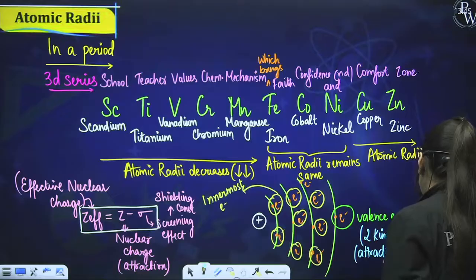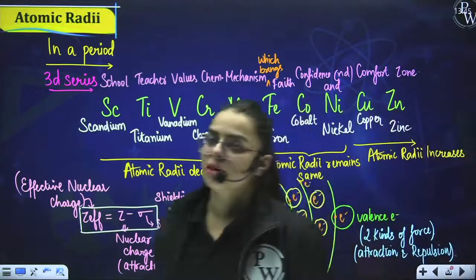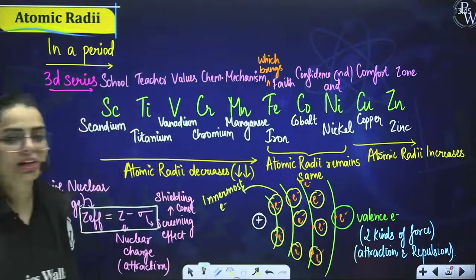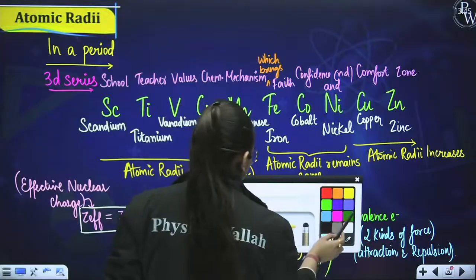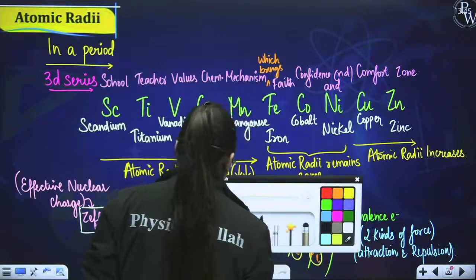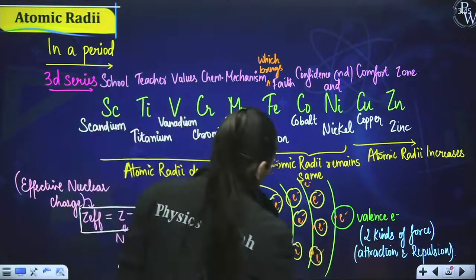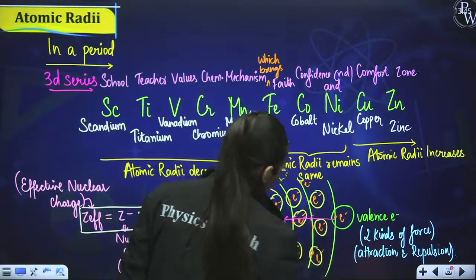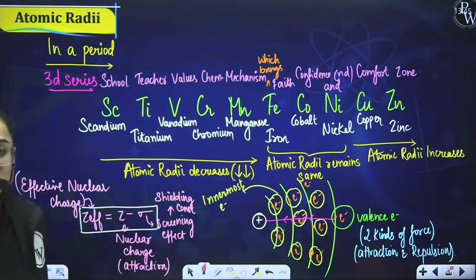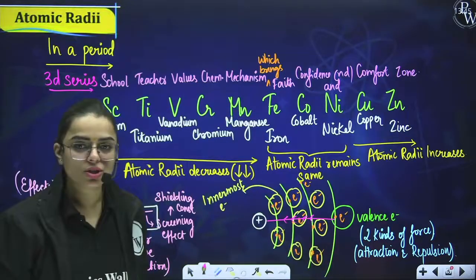It will face two kinds of forces, attraction as well as repulsion. Now understand this concept very clearly. If I talk about over here, see, the nucleus is a positively charged species, so the nucleus wants this electron to come towards itself. Why? Because the electron is a negatively charged species.